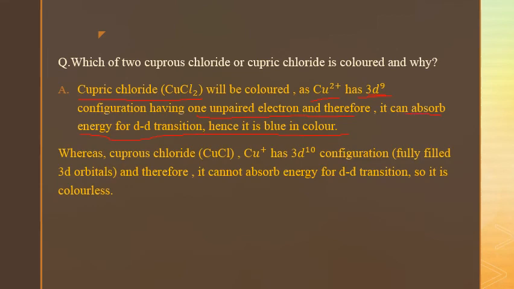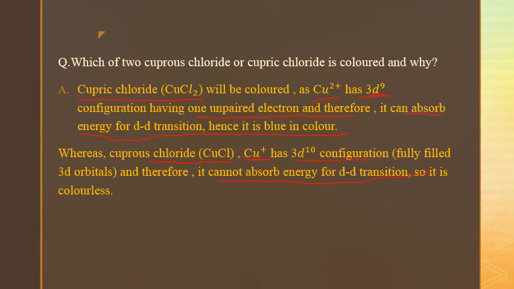On the other hand, cuprous chloride, we know the formula for cuprous chloride, it is CuCl. In case of CuCl, copper exists in +1 oxidation state, Cu+. And if we write the electronic configuration for Cu+, we will find it has 3d10 electronic configuration. And 3d10 electronic configuration means fully filled d orbital, and as the d orbital is fully filled, no energy is absorbed and no d-d transition is possible.